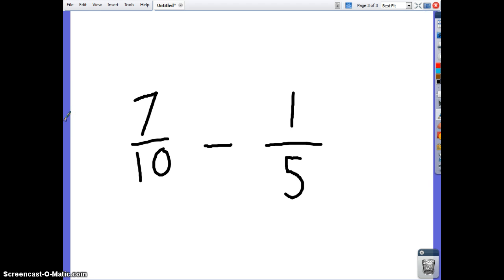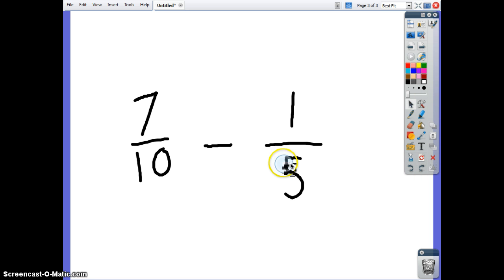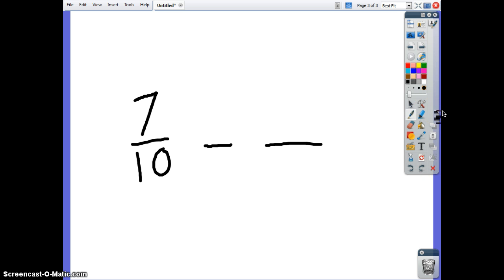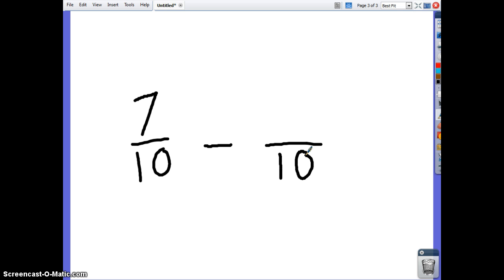Now, here is the last of the ones that I've pre-written out. 7/10 minus 1/5. As opposed to adding them, I'm subtracting them. Though I still need to get them to have common denominators. So, poof, poof. 10 at the bottom as the denominator, and as the numerator 2 as last time.